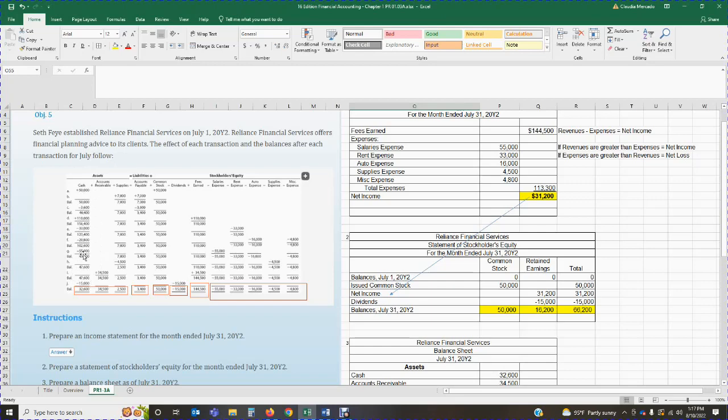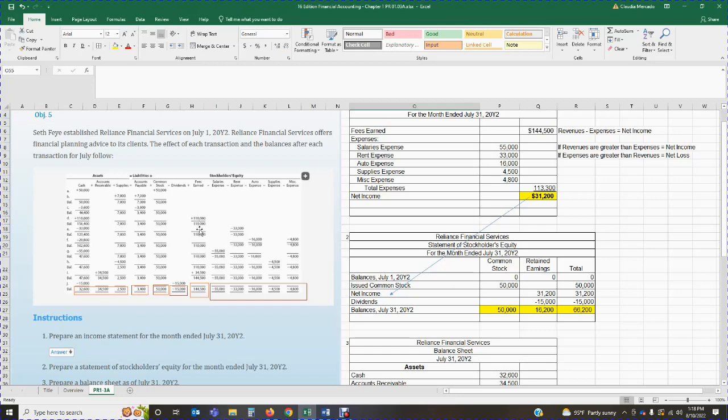If we receive cash from our customers, that means we should have performed a service and they paid us. So we find here in transaction D that we earned fees of $110,000 and we received cash of $110,000. That's the first item that needs to be included.